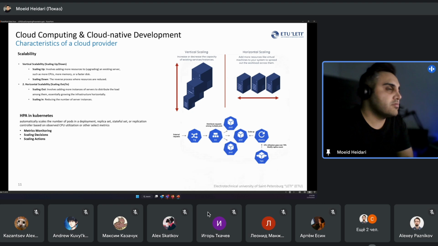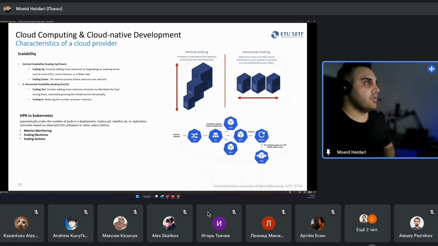If we want to talk about just the infrastructure level, we will have vertical scalability and horizontal scalability. Both should support both scaling up and down. And for the horizontal scalability, we use a different word called scaling out and in.